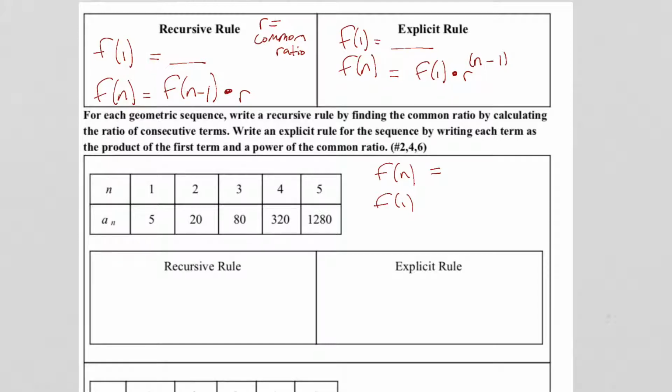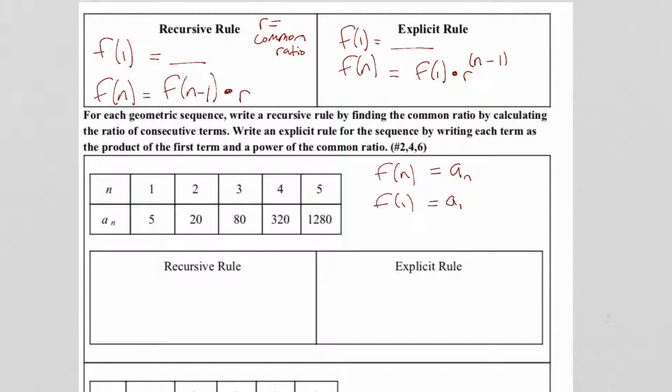F of n is the same as a sub n, and f of 1 is the same as a sub 1. So there's just two different ways to notate this, and you need to know that they are essentially the same thing. So I don't want it to throw you off, right? So like if n is 1 and f of 1 is 5, a of 1 is also 5, right? It's just a different way to write the same thing.